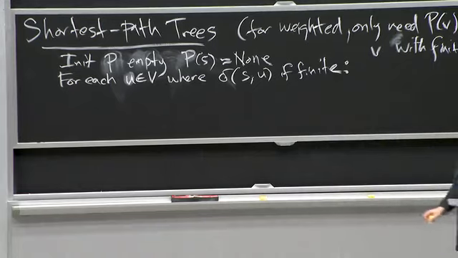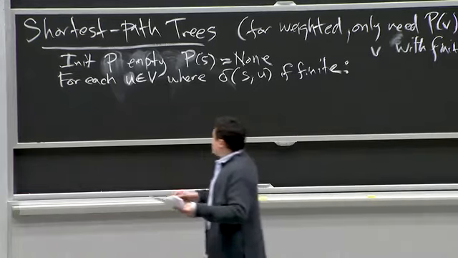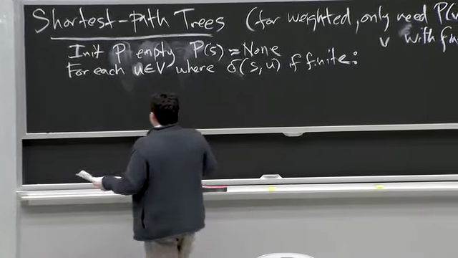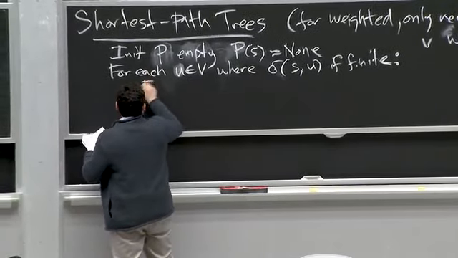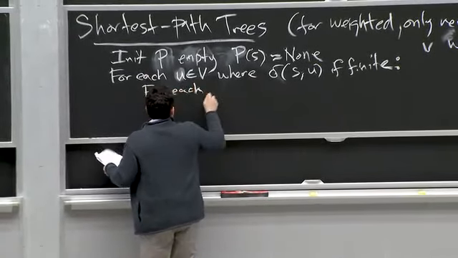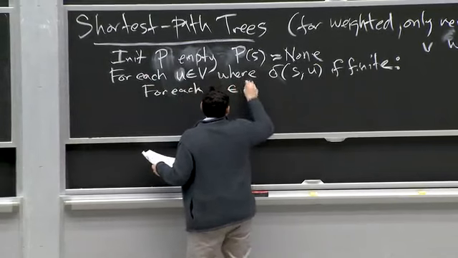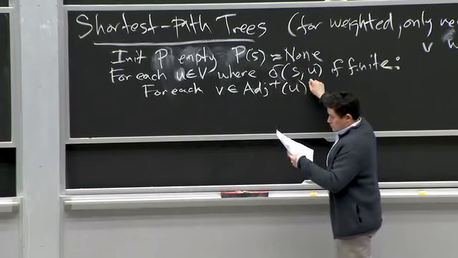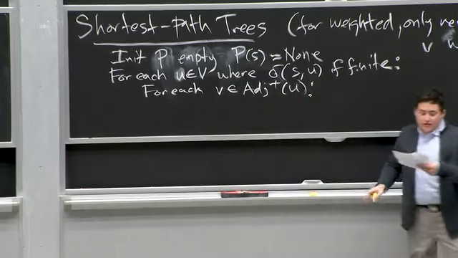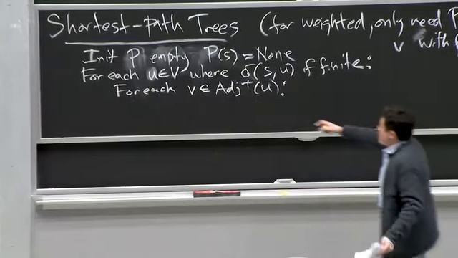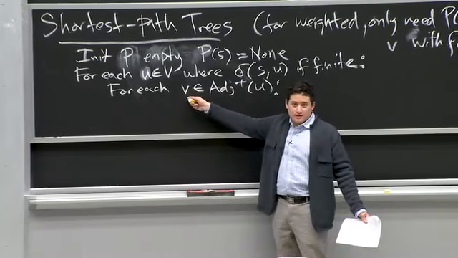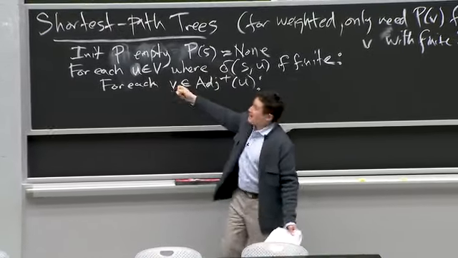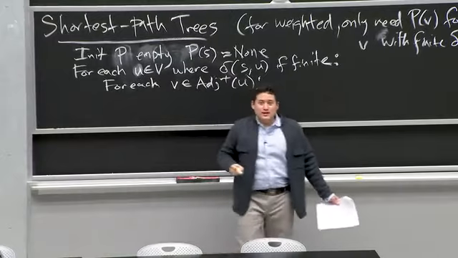what am I going to do? I'm going to take a look at all my outgoing neighbors. This is kind of what we do in every graph algorithm. For each v in the outgoing adjacencies of u, if there's no parent pointer assigned to this v, there's the potential that this vertex u is the parent of v.